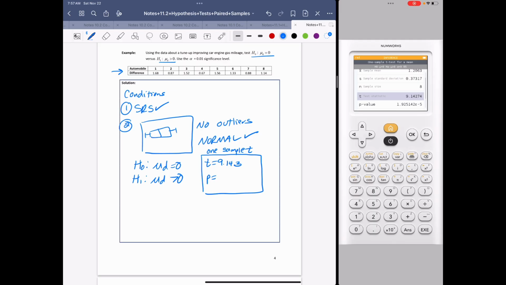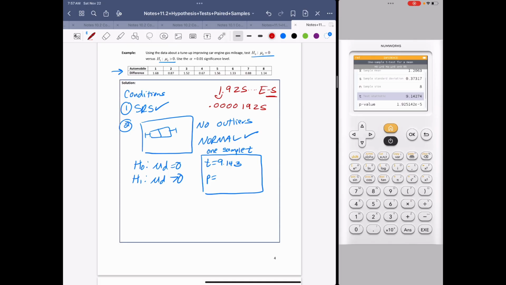My p-value, I'm going to write up here. My p-value is 1.925, I've got some more numbers, and then e -5. That's scientific notation for very small, move the decimal 5 places to the left. So I'm going to have to add 4 zeros. 0.0000 1925. Double check yourself. 1, 2, 3, 4, 5.